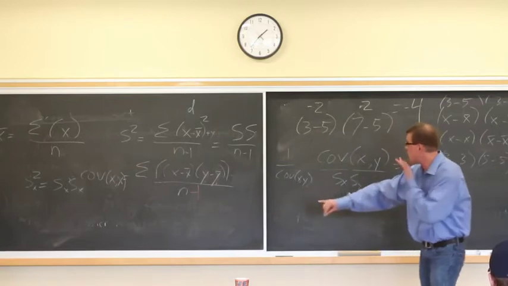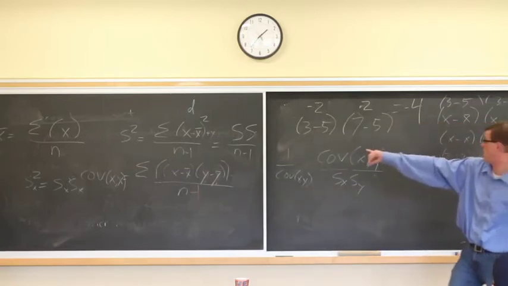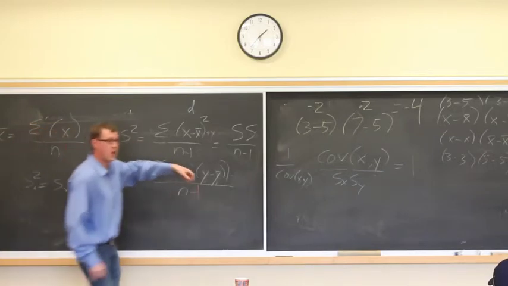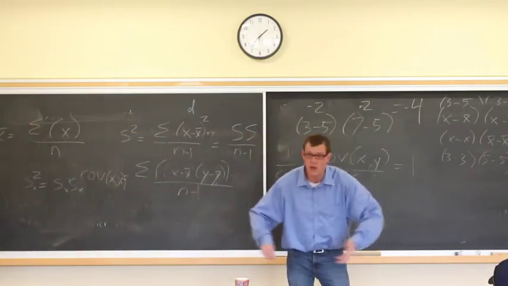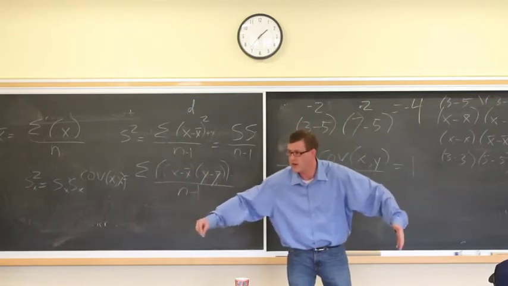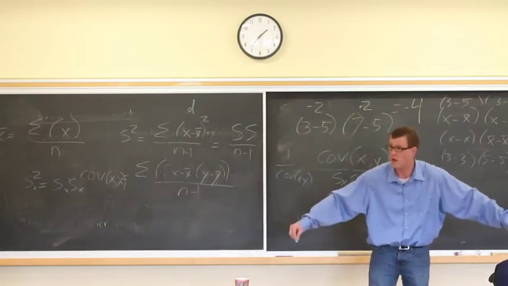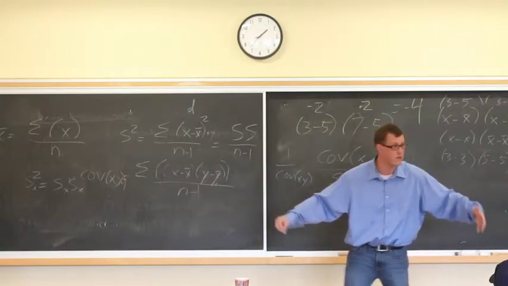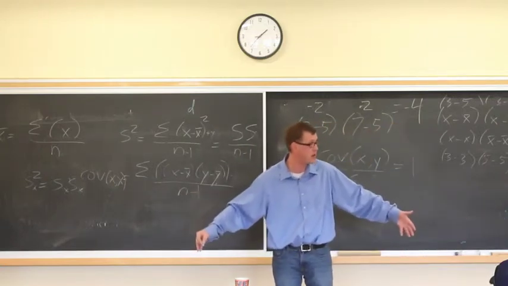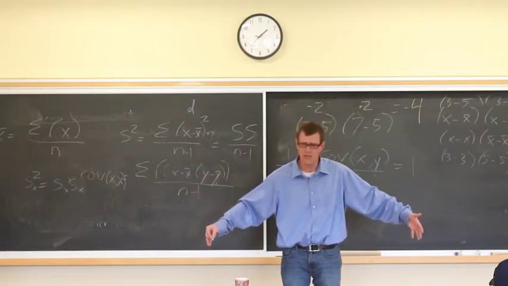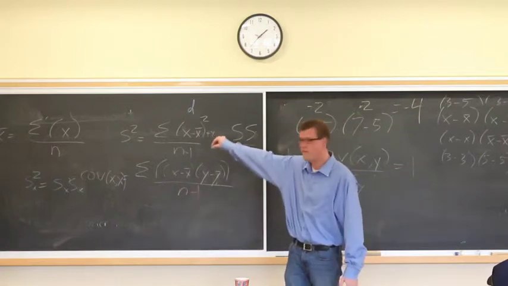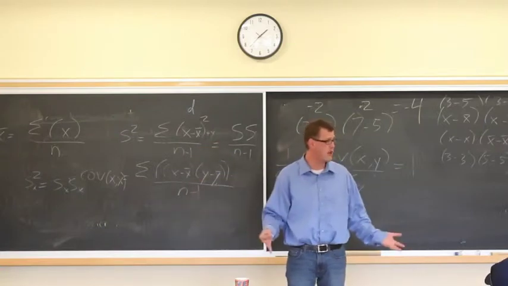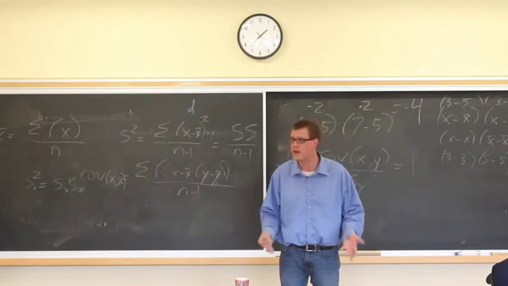In the simple case where we have just the variance, we have the standard deviation, the variability in x, all of it, times the variability in x, all of it. And the most that they could possibly vary is if they went together always in the same way. Does that make sense? Which, for one variable, they always do. But when you have two variables, they aren't necessarily always going to vary in the same way.